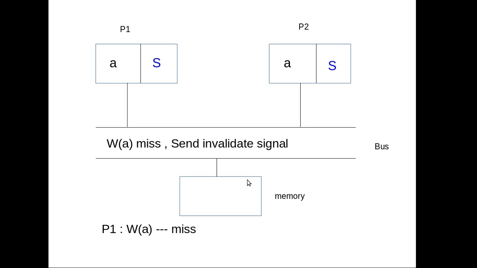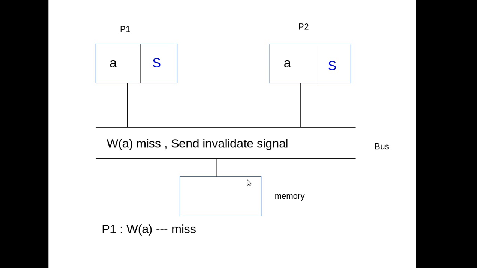Next, write of A. This operation was performed by P1. Here, whenever a write operation occurs, we need to check whether there is a bus hit or not. What is a bus hit?